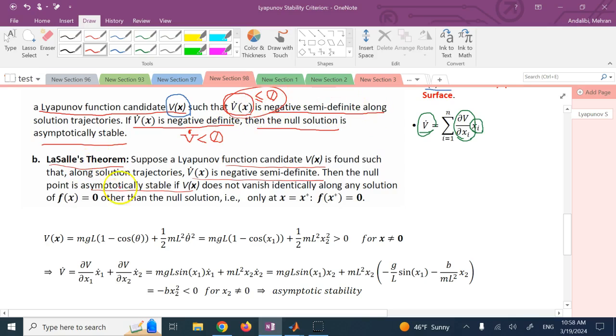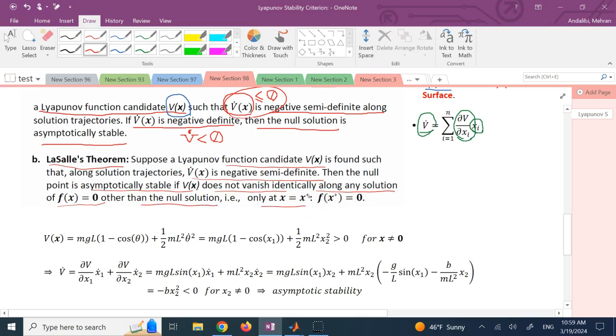Now, LaSalle says it could be asymptotically stable if V dot does not vanish along any solution of f of x equals 0 other than when x is equal to x0 or x star.